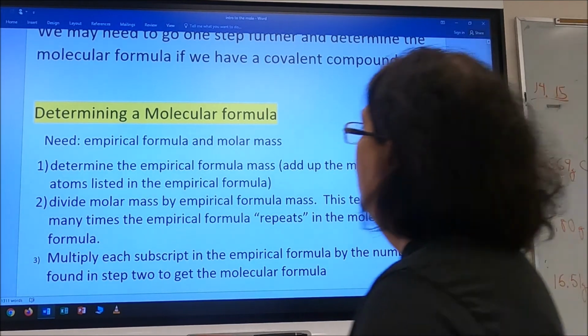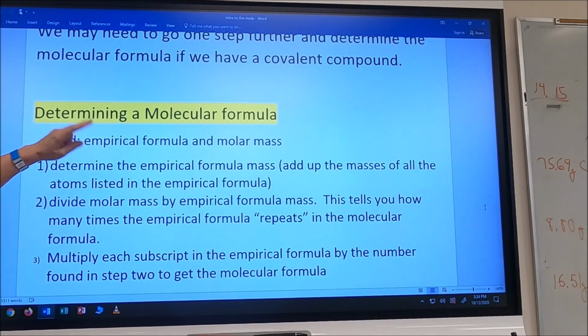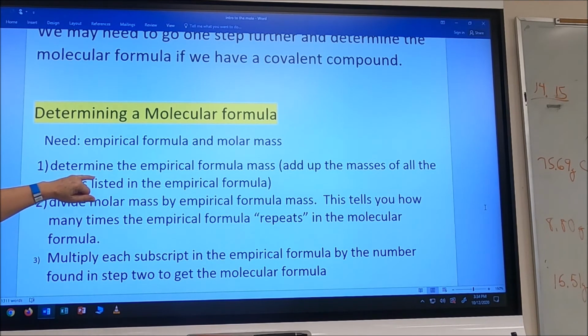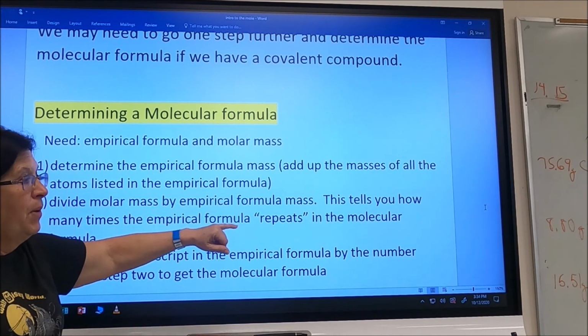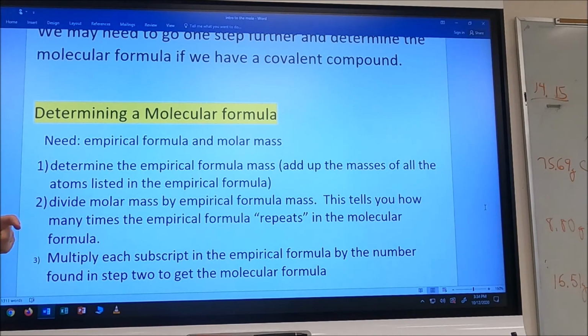So what we're going to do to go from an empirical formula to molecular formula is we're first going to determine the empirical formula mass by adding up the masses of all of the atoms listed in the empirical formula. Then we're going to take the molar mass and divide by the empirical formula mass. The units are going to divide out, and we're just going to get a number like 3 or 2 or 1 or 12 or 7.